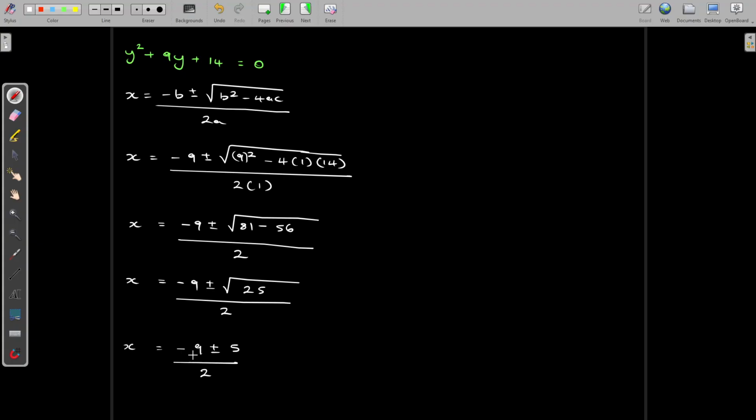So now when we get to this point, the aim is to get both solutions: for one we need to use the positive, and for one we need to use the negative. Oh, and something here, we weren't solving for x, so let me change that quickly. In the quadratic, y is the variable, so we're solving for y.